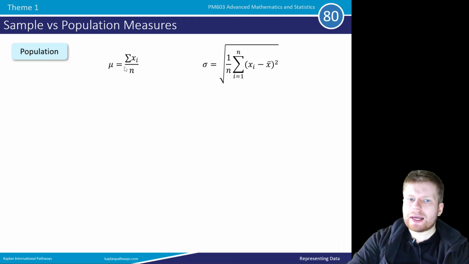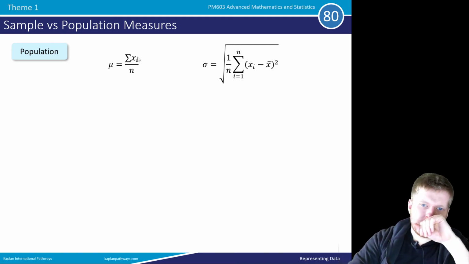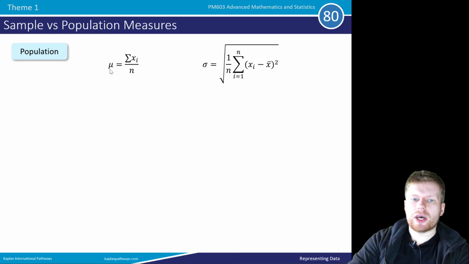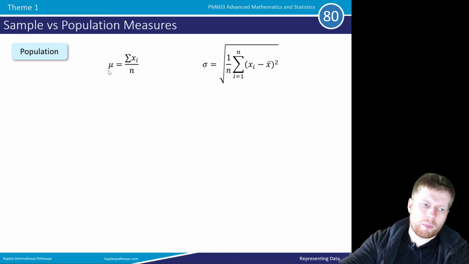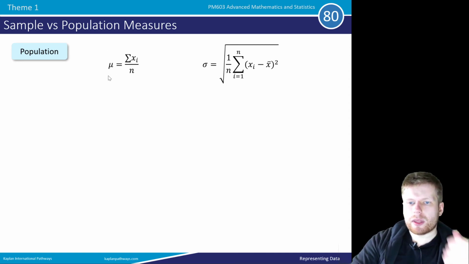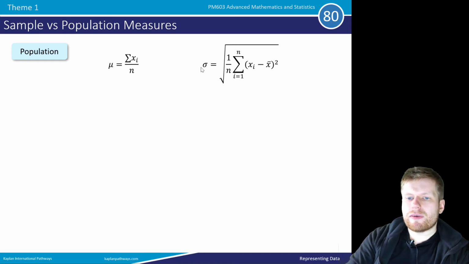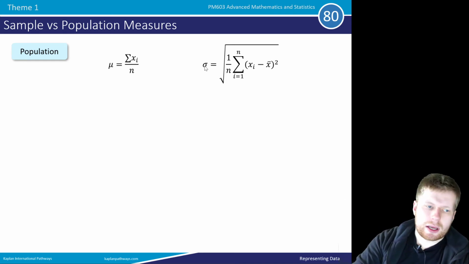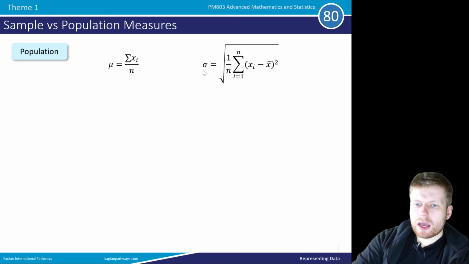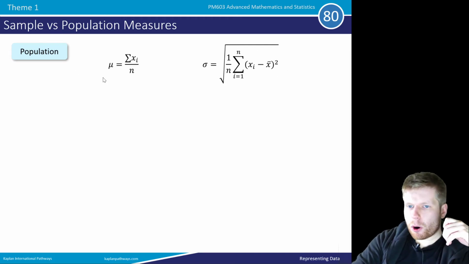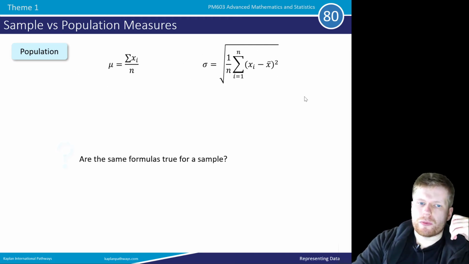If it's a population mean, remember you add all the values together and divide by the number which you've got, we give the Greek letter mu for the mean, the average. Whereas if we're dealing with standard deviation, again we're dealing with spread, so we give it the Greek letter sigma. So if we're dealing with population, these formulas are true.